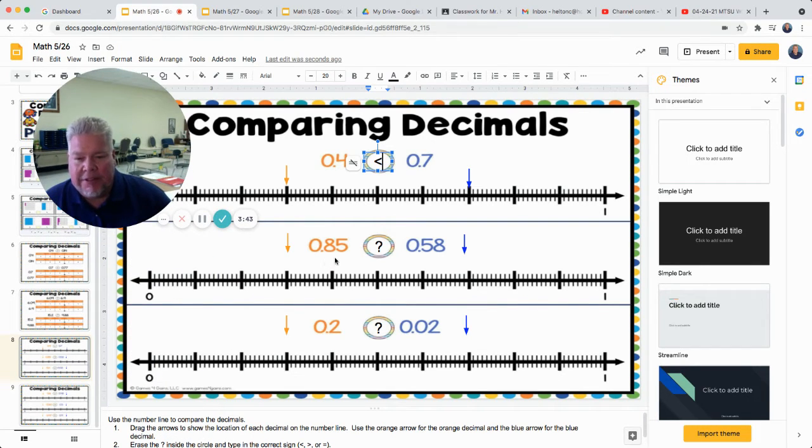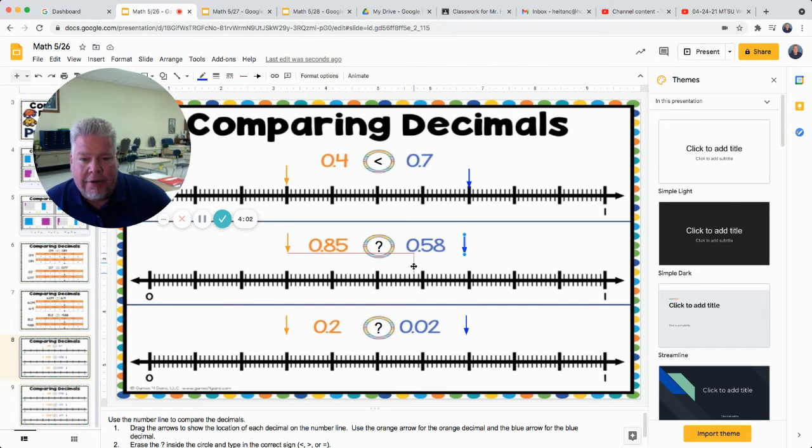Well, let me do this one as an example. 58 hundredths. 1 tenth is 10 hundredths, right? 10 hundredths, 20 hundredths, 30 hundredths, 40 hundredths, 50 hundredths, and this is 58, so 51, 52, 53, 54, 55, 56, 57, 58 hundredths is right. Come here, little arrow.